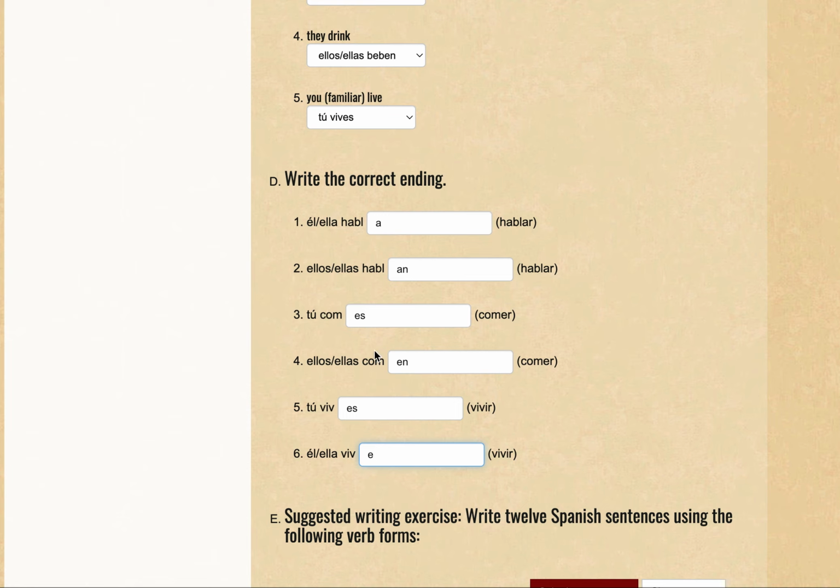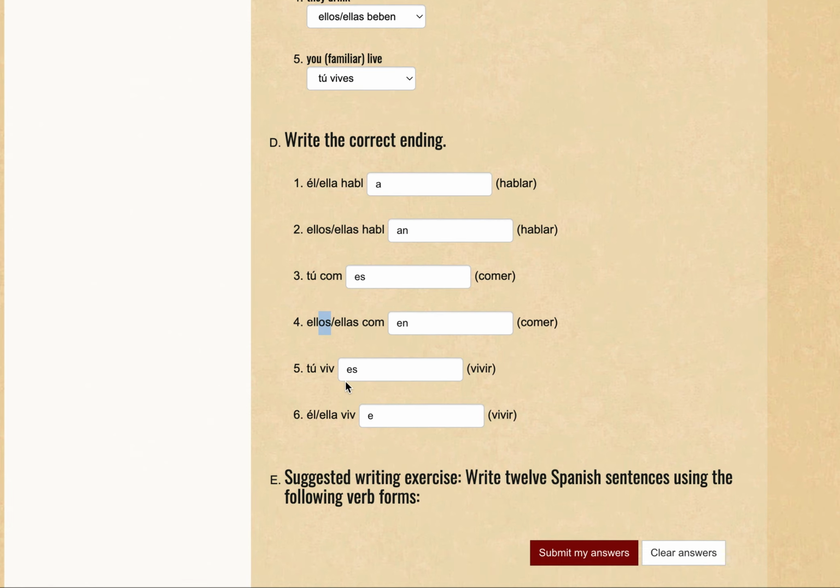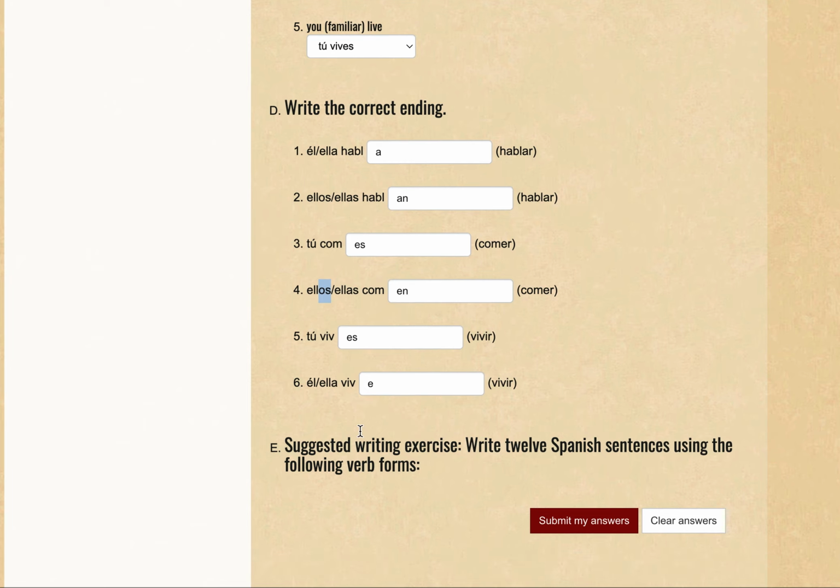Tú comes, ellos comen. Tú vives. And él, ella vive. Okay. So that is the writing form.